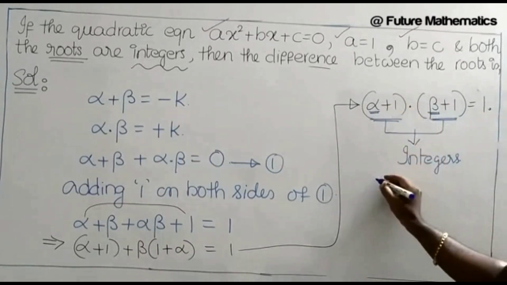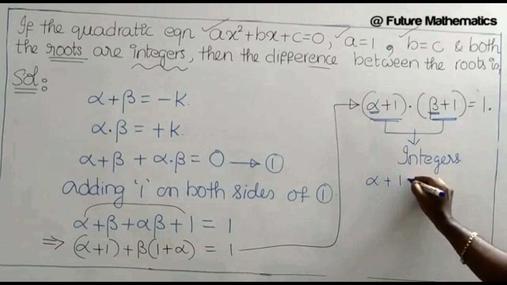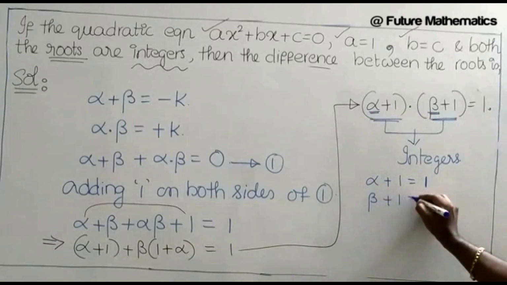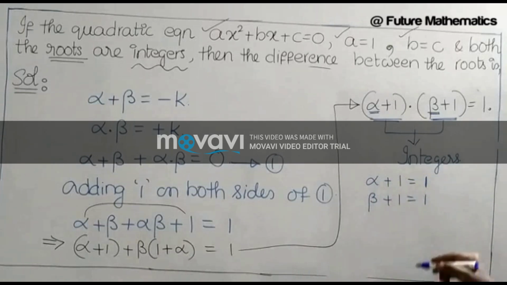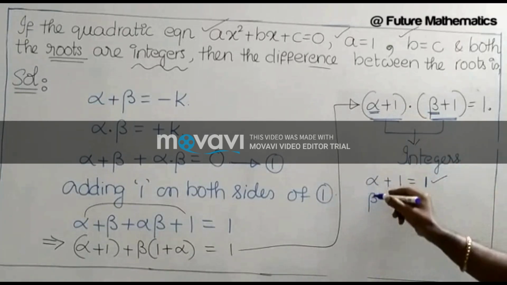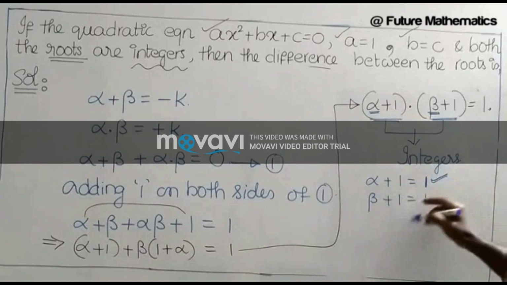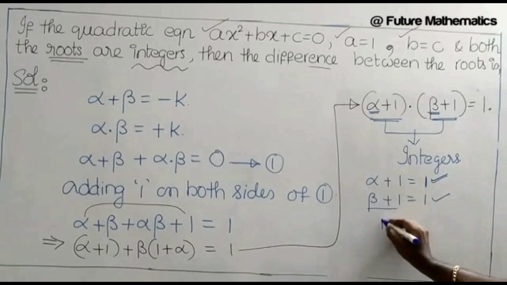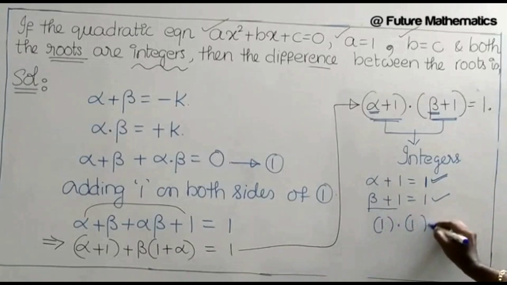The only case is we can choose alpha plus 1 equal to 1 and beta plus 1 equal to 1. Because if alpha is an integer, alpha plus 1 is also an integer, and beta plus 1 as well. So 1 multiplied by 1 is 1, satisfied.